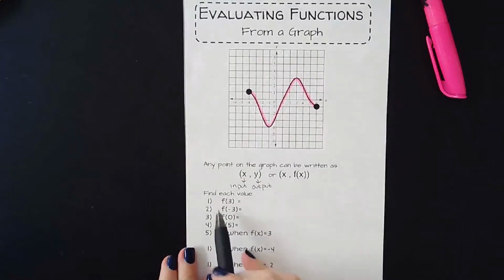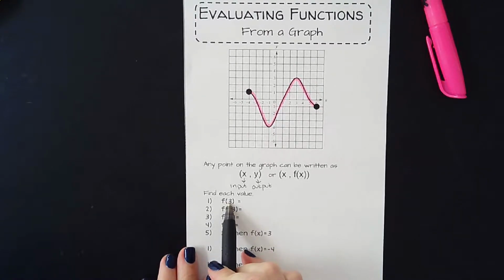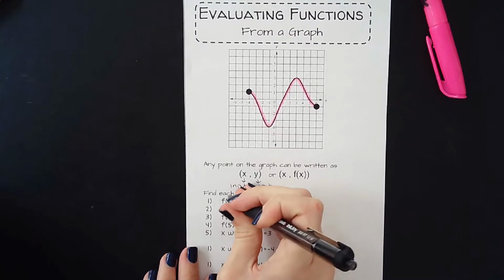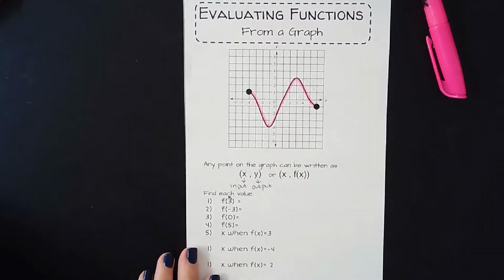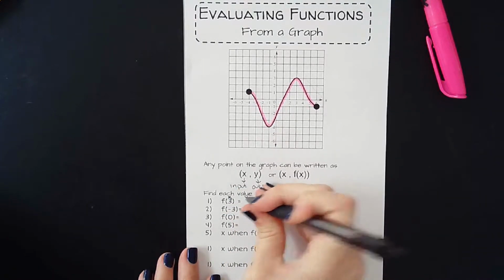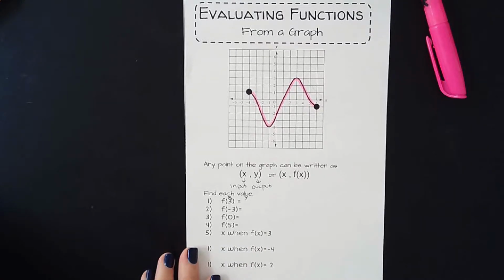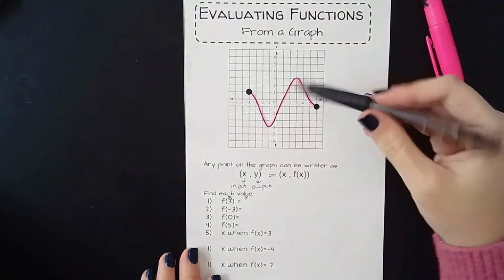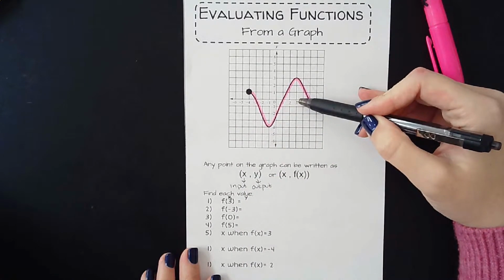When I'm being asked to find f of 3, that tells me my input, or my x value, is 3. And I'm trying to find the y value. On my graph, I'm going to find where my x value is 3. That's right here.